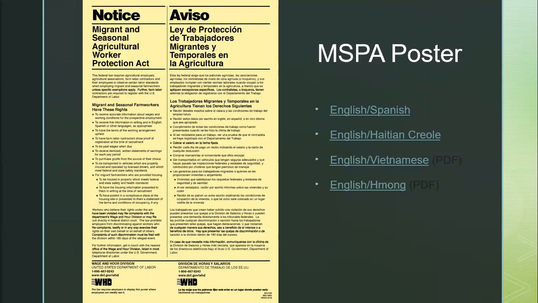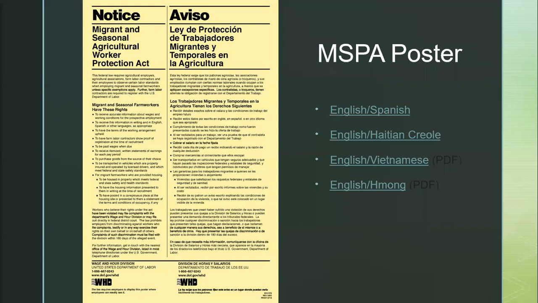If you're working in multiple locations, have several copies in your work truck, and just have it available. Depending on what state you're in, you may have a variety of postings that you're required to have available. And so just stick that with the rest of them. So this is important that you have.